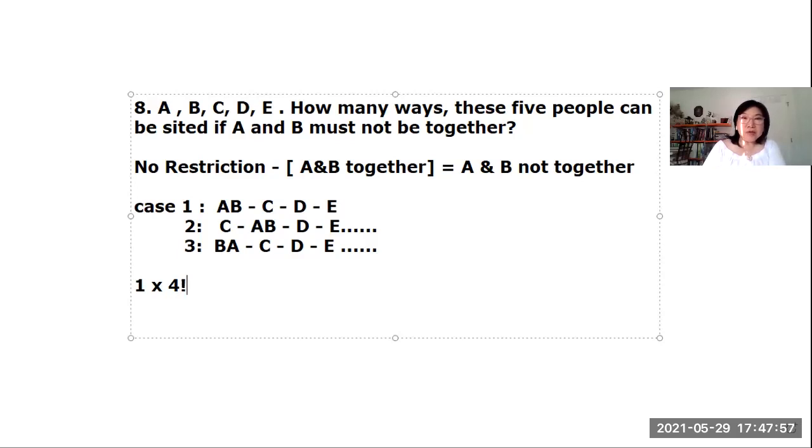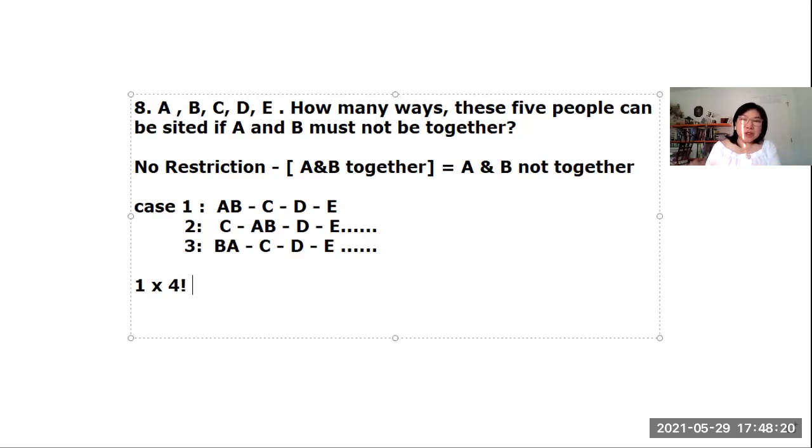You want to sit them, and the way they change their sitting position must be counted as a different order. So you treat them as one person.